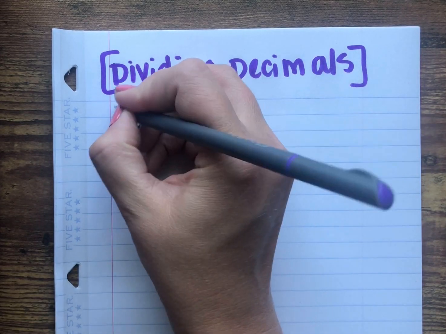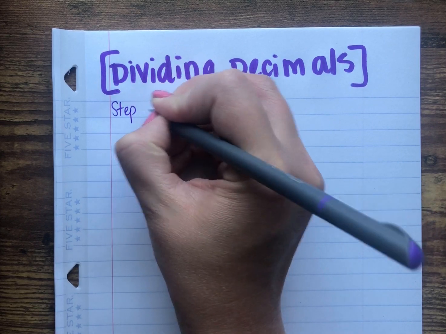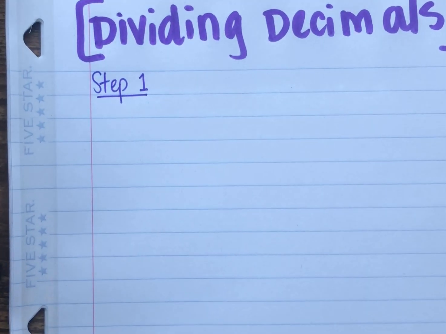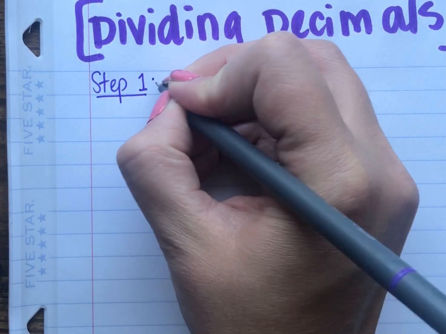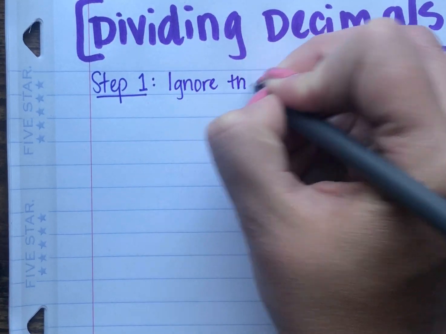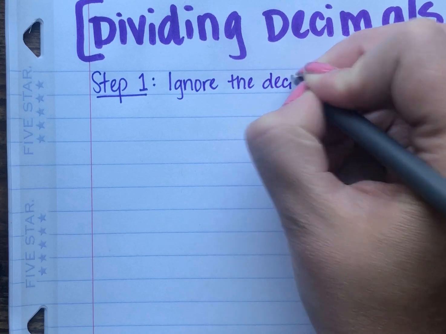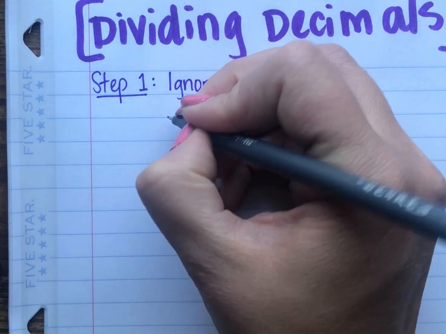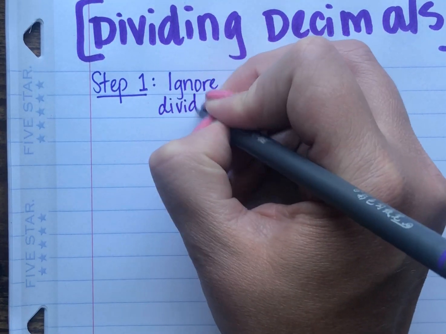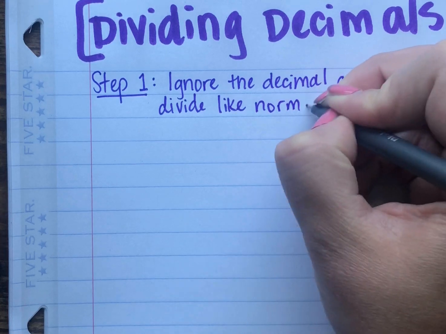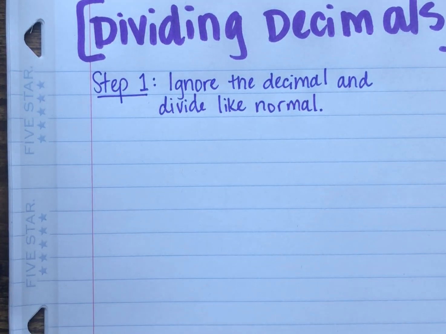So our first step when we're dividing decimals, I'm going to zoom in just a little bit. Our first step is going to be to ignore the decimal and divide like normal.